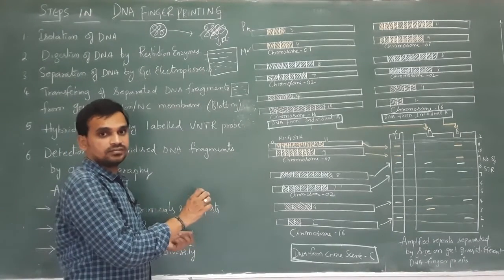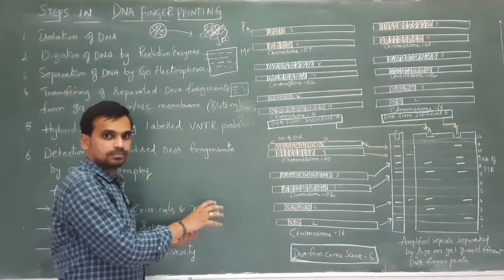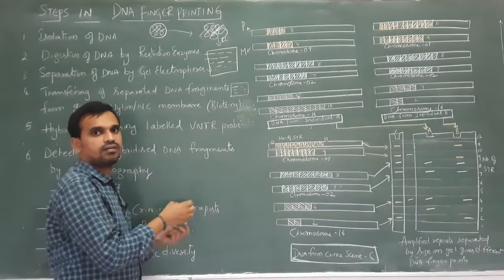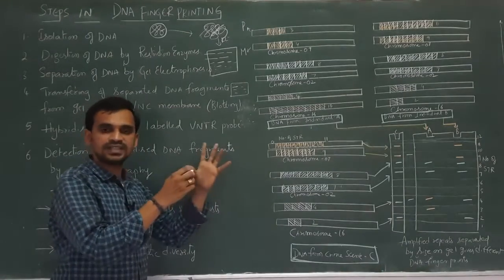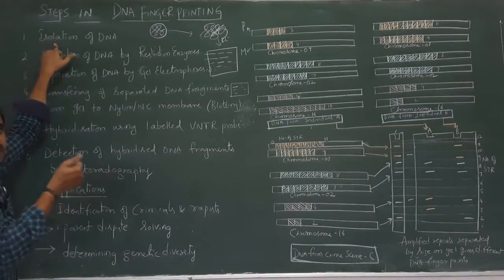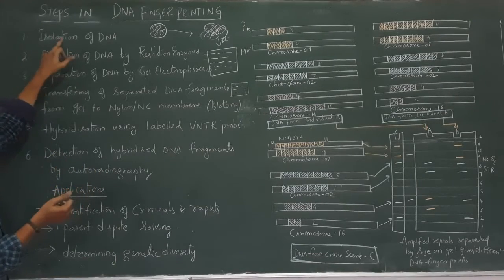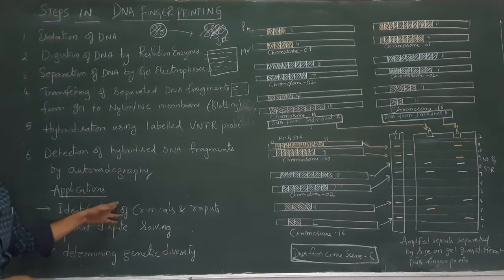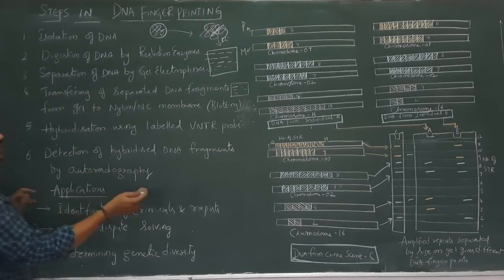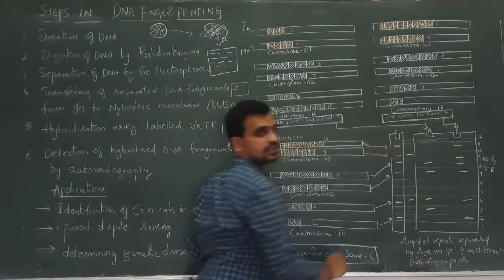They will collect the cells or the DNA molecule. Next, that DNA is subjected to all these processes. Once all these 6 steps are done, you get bands like this.